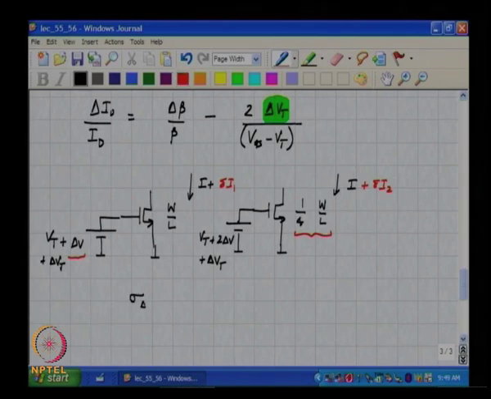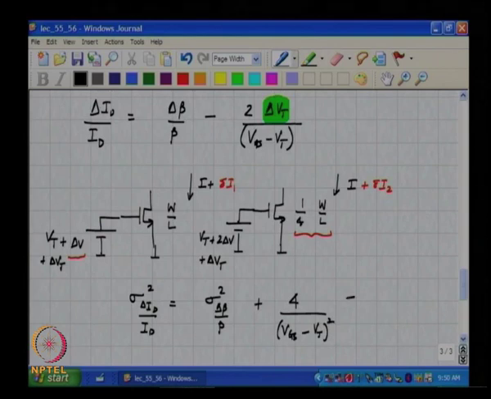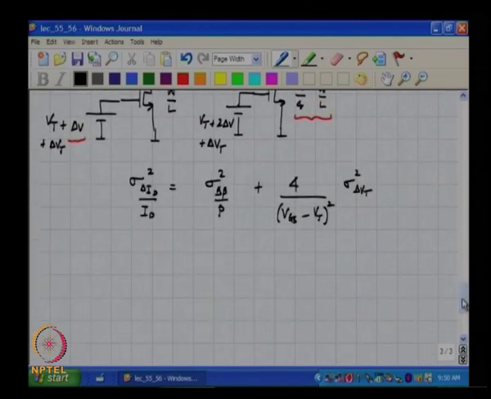Sigma square of delta ID by ID is given by sigma square of delta beta by beta plus (4 by VGS minus Vt) the whole square times sigma square of delta Vt. So, sigma delta Vt, as we just discussed, is A Vt divided by square root of W times L, and what are the units of A Vt?